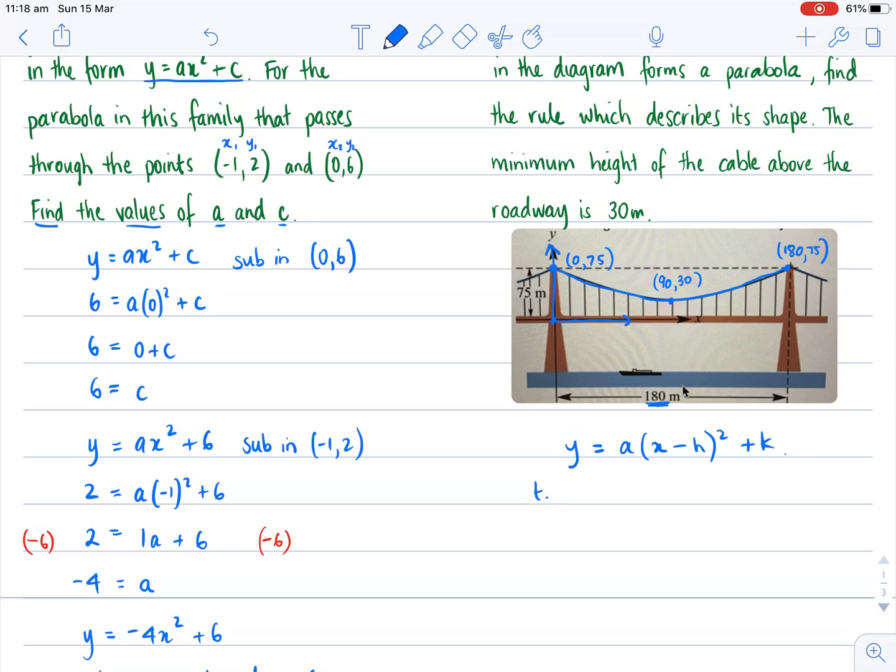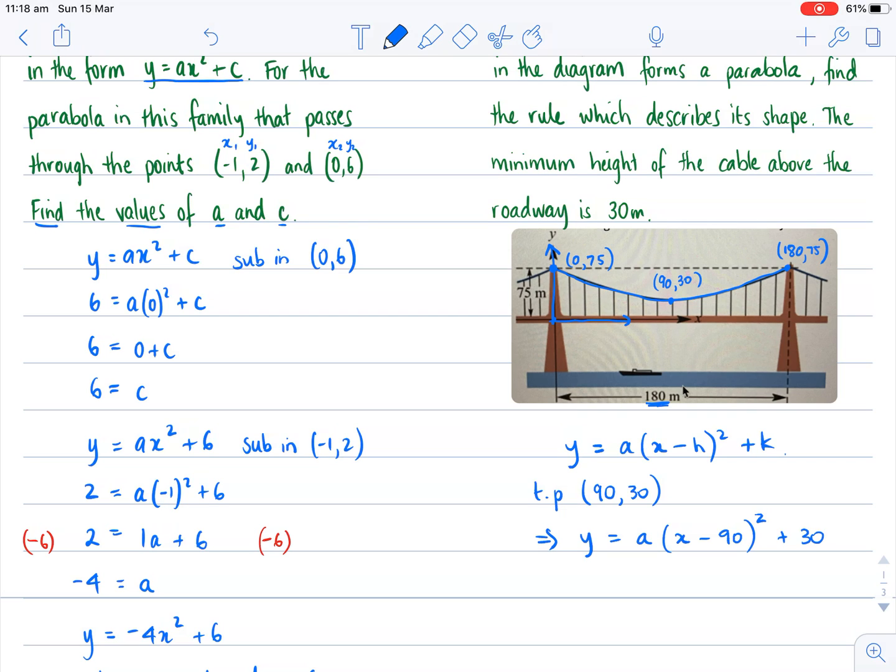I can then substitute straight away from the turning point, which is 90, 30. It follows that y will equal a times x minus 90 squared plus 30, because it's been translated 90 places to the right, and it's been translated 30 places up.